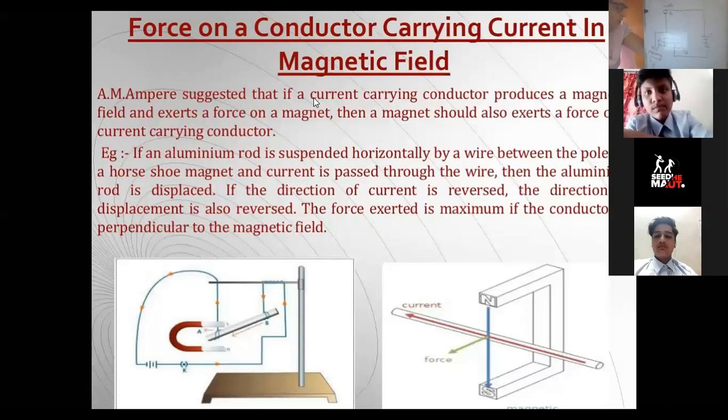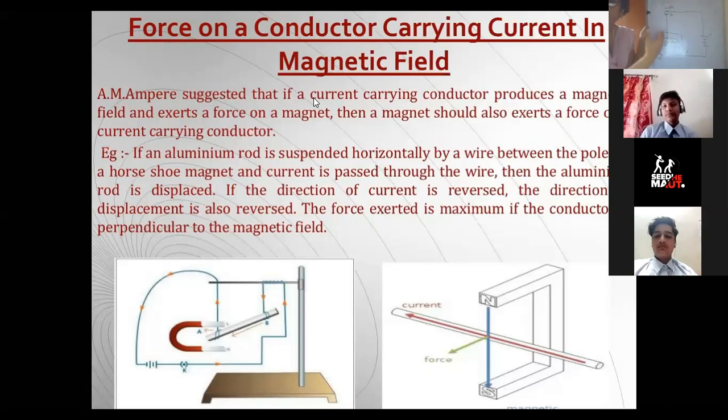Now the question is, why does this current carrying conductor experience the force? Again, there is interaction between two magnetic fields here. One magnetic field is because of the magnet and another magnetic field is because of the current.